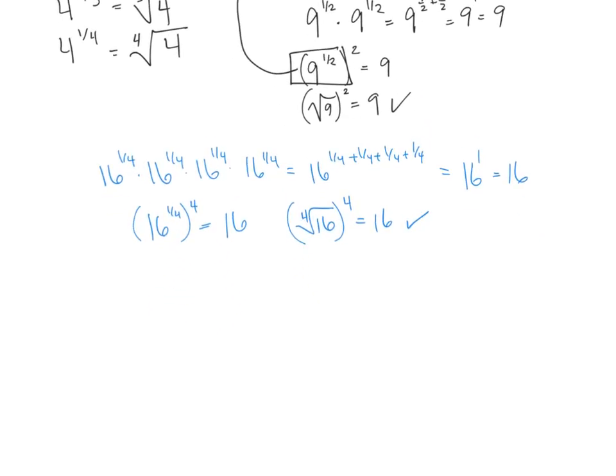So we have a general rule that says if you have any base x to the 1/n power, this is really going to be the nth root of x. So whatever the denominator of our fractional exponent is, that's going to be the index.